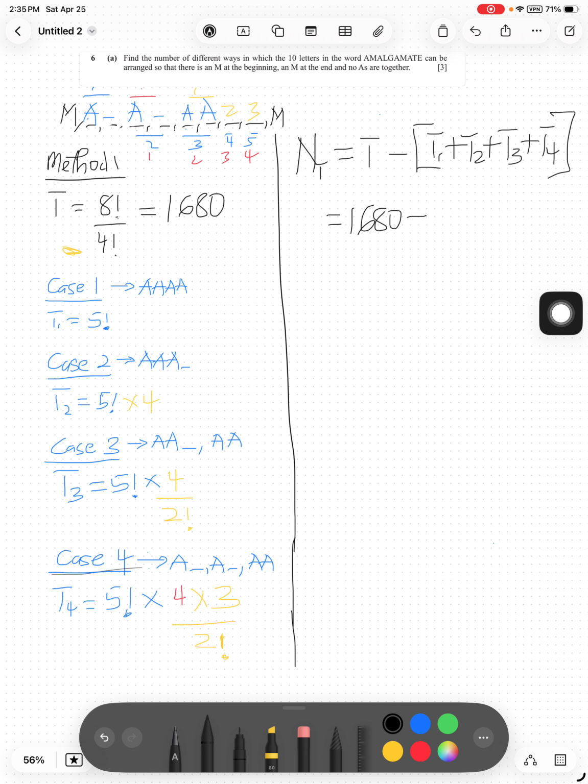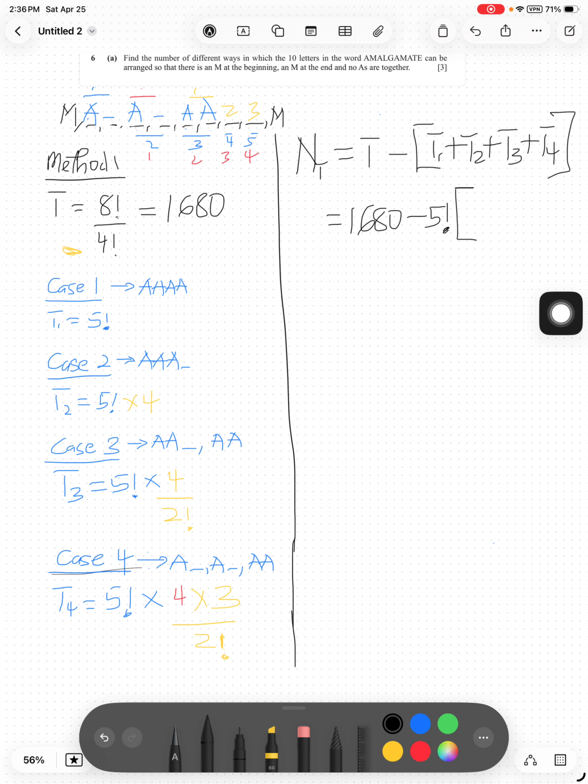Now when you check T1, T2, T3, sorry, and T4, one thing that is vital to note here is that we have 5 factorial repeating itself across, right? So we can factorize the 5 factorial out. Right, then we can put the remaining in the square bracket.